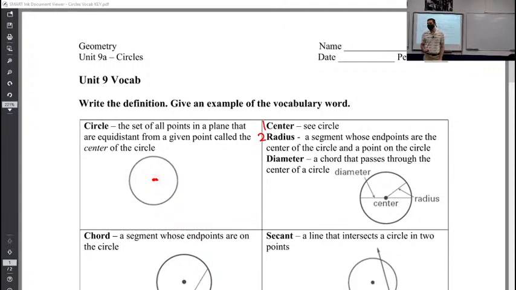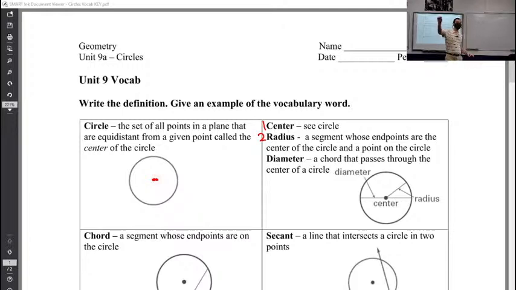Because as soon as you have a radius, if it's a segment that goes from the center out to a point, then you know how long that segment is, because it's going to be the same distance every time. If I go from the center and take a segment out to this point, it's going to be 5 inches. If I take it from the center and go out to this point, still 5 inches. Center out to this point, guess what? 5 inches. As long as we're going from the center out to a point on the circle, it's going to be that same distance.